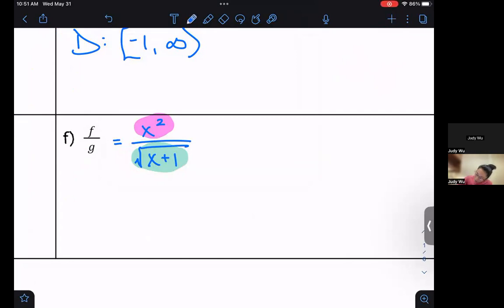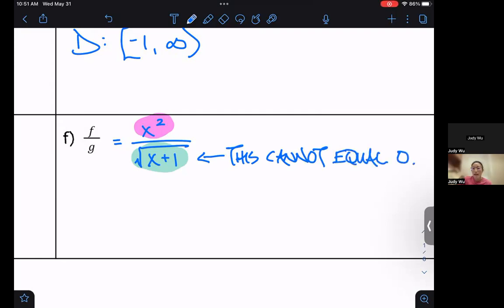One thing we might remember about the domain is this cannot equal 0. It's okay to have a square root of 0, but the problem is we have a square root in the denominator, and we cannot have 0 in the denominator.